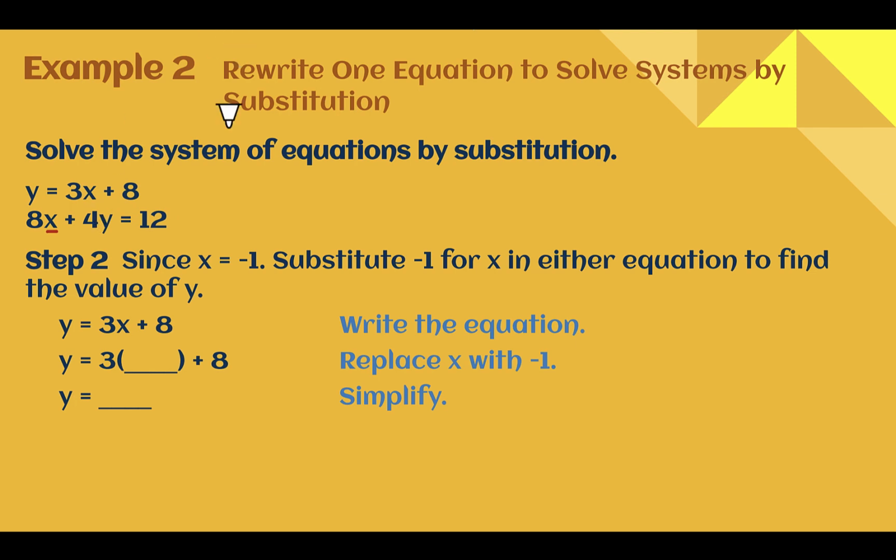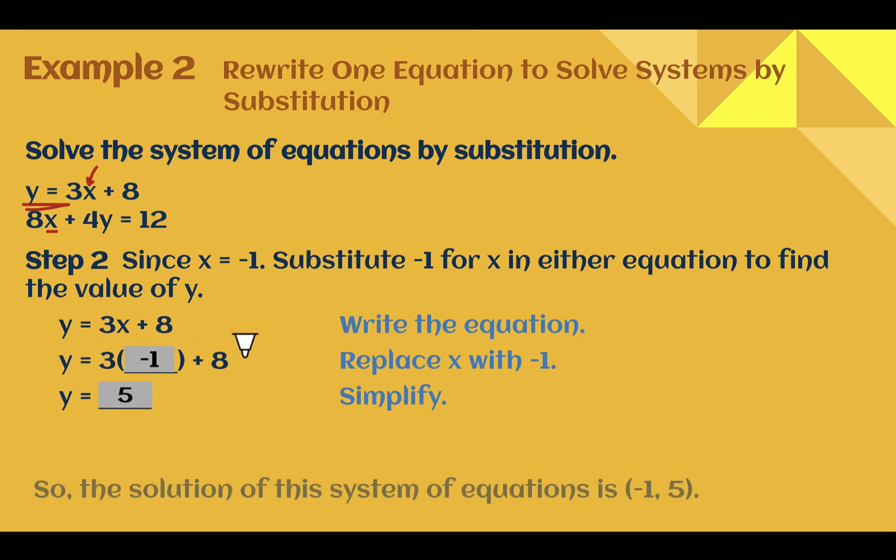It's solvable, but it's not quite as easy as if I had just plugged it in to the first one, since that tells us what y is equal to. It's 3 times x, add 8. So if we plug in negative 1 for x, 3 times negative 1 is negative 3, plus 8, we get 5. So the solution would be negative 1, 5.